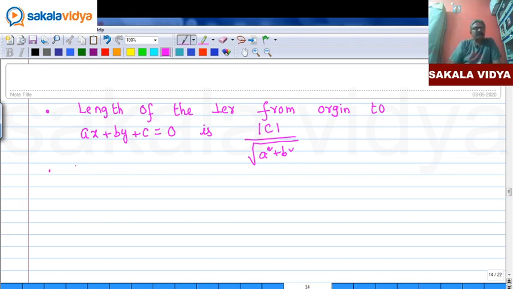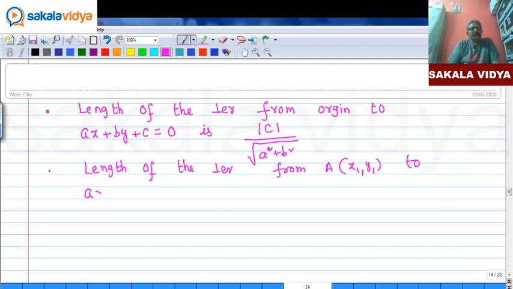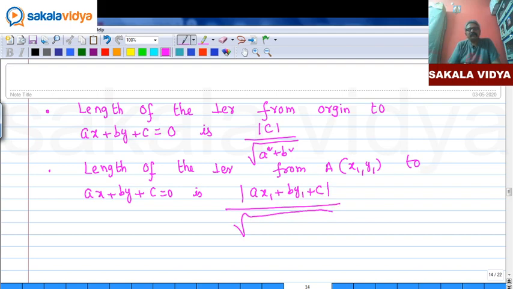Next, length of the perpendicular from the point x1, y1 to ax plus by plus c is equal to 0 is mod of ax1 plus by1 plus c by root of a square plus b square.